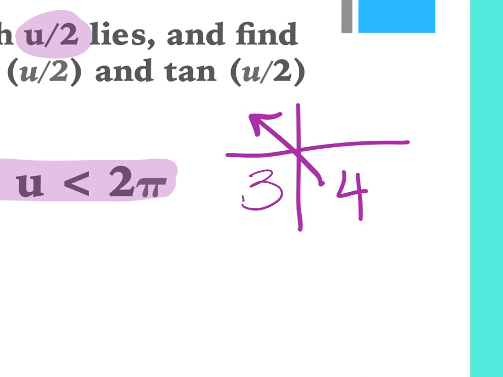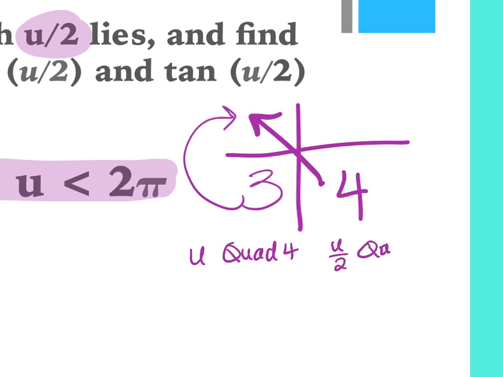So third quadrant also cut in half goes to second quadrant. So if whatever the angle is in quadrant 4, then U over 2 is in quadrant 2. If U is in quadrant 3, then U over 2 is in quadrant 2.